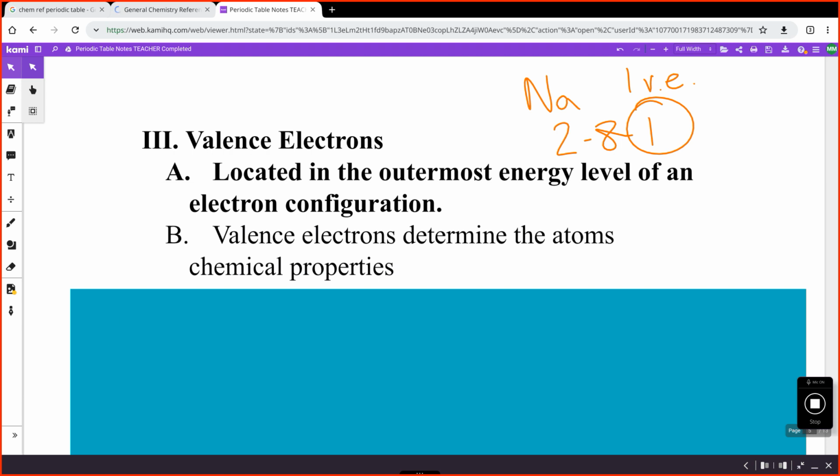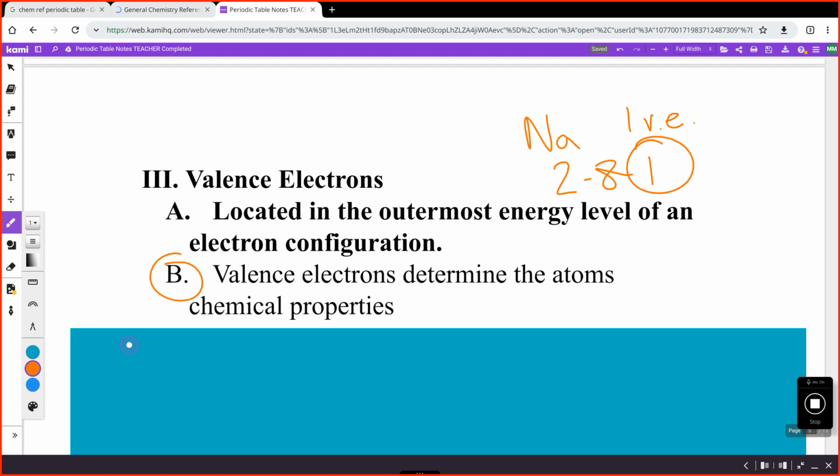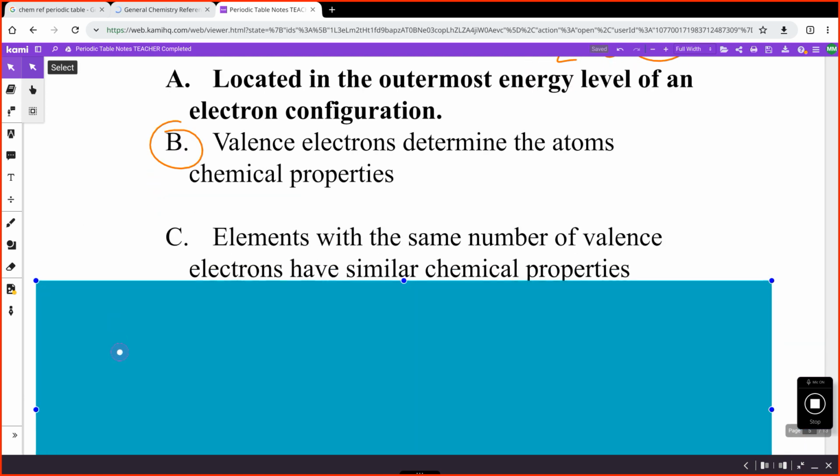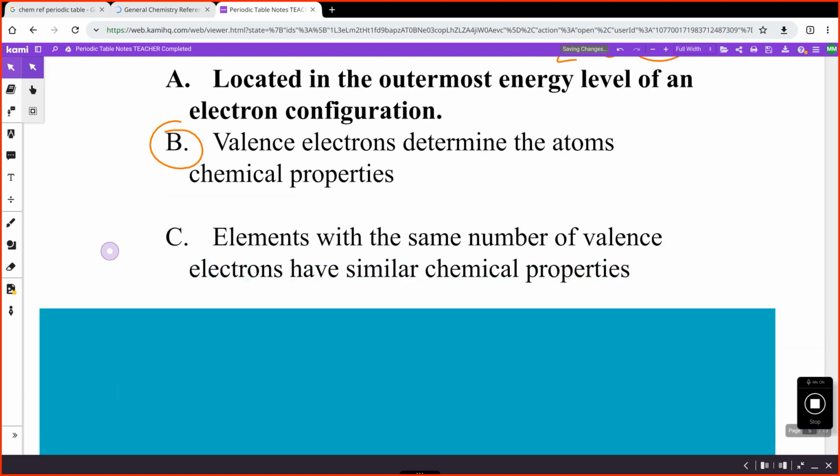The way elements react, how they react, is all determined by the valence electrons within that atom. If elements have the same number of valence electrons, they're going to behave similarly as it relates to their chemical properties. Okay, now this goes for anything.